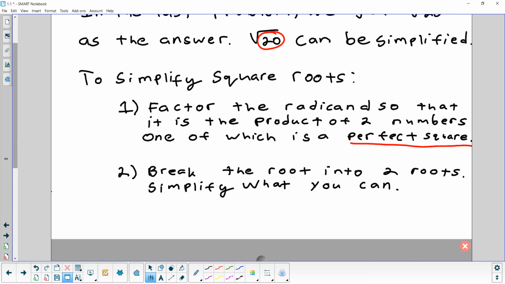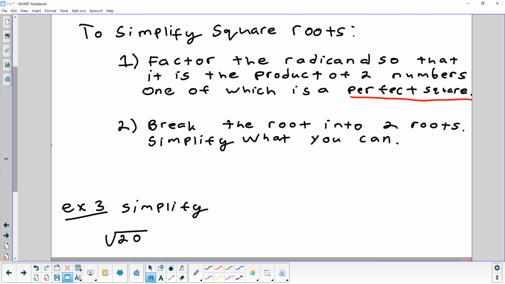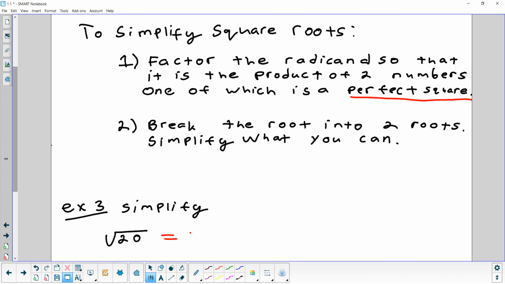So to do step 2 on that problem, I'll show you what we're going to do. Instead of having one square root with a single number, we're going to break it into 2 square roots with 2 numbers. And Aiden told me to do 4 times 5.